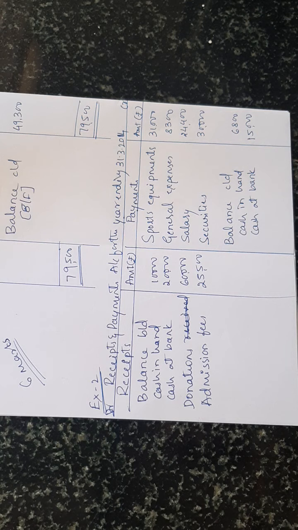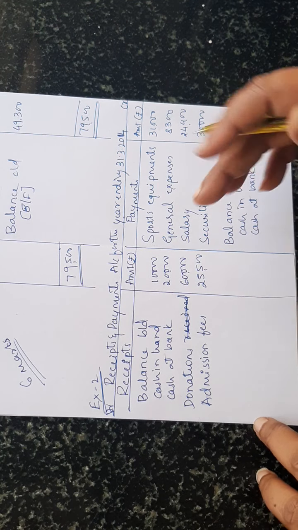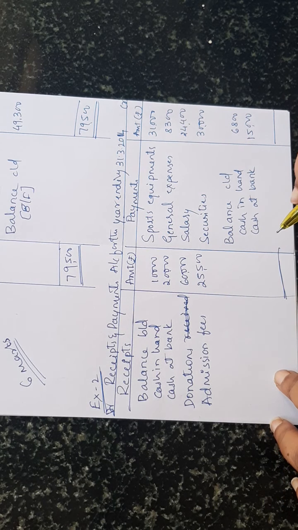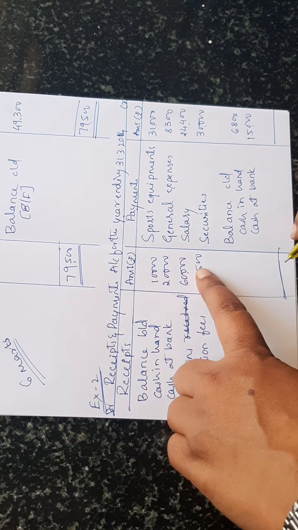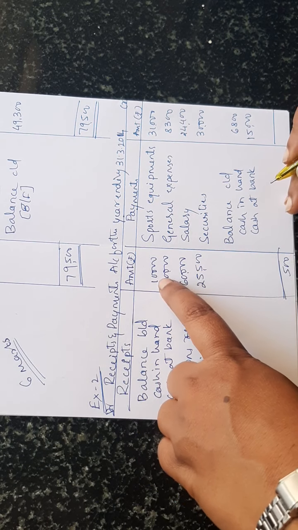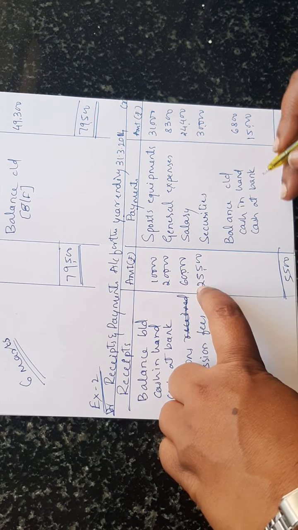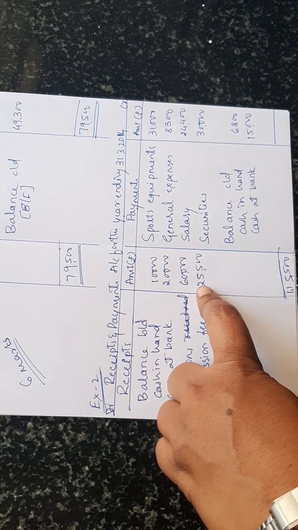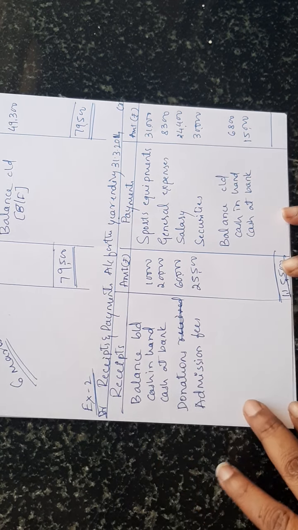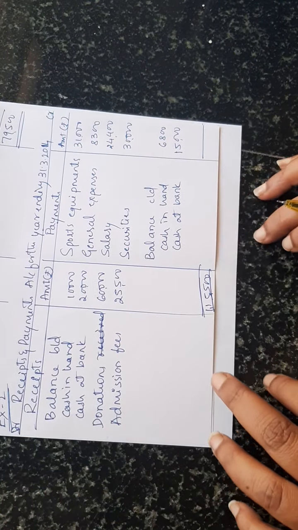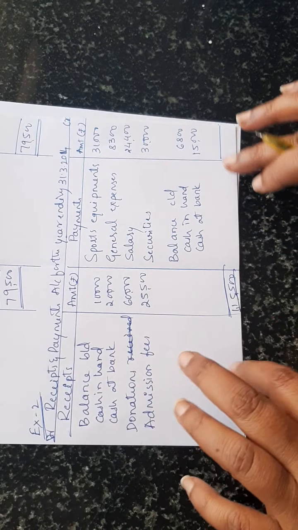Then now what is the next thing you have to do? Total it. Okay, then what is the total of the debit side and credit side? See, 1,15,500. 1,15,500.